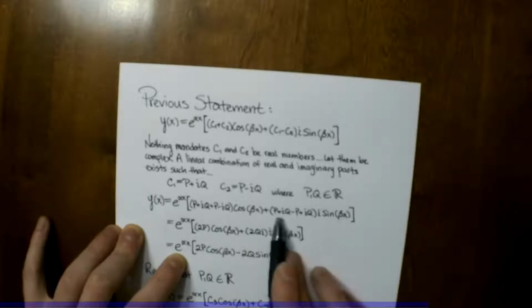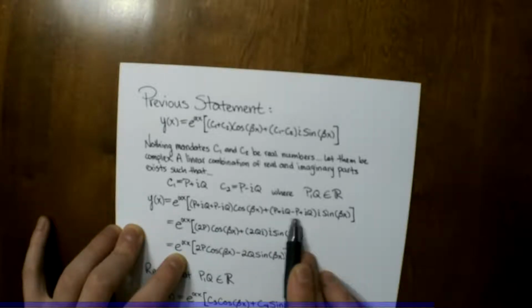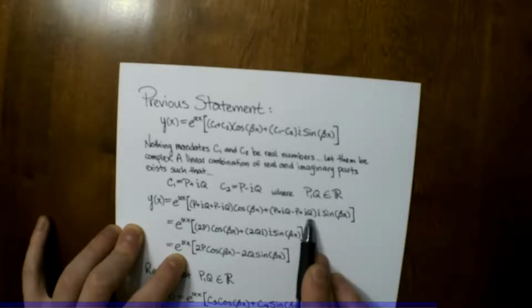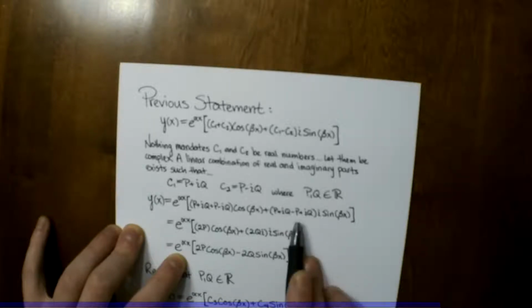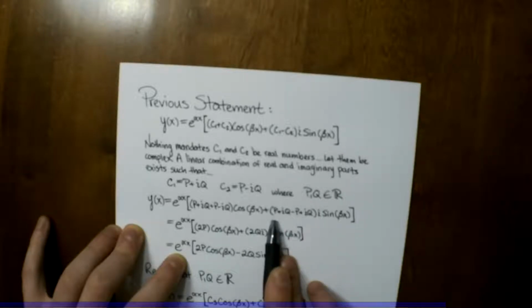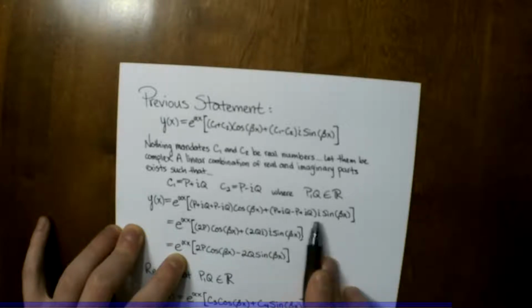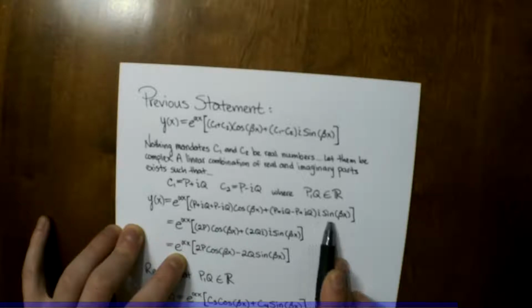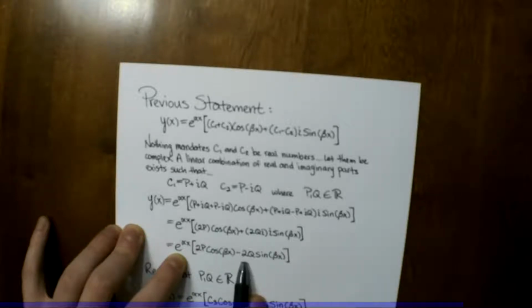Over here by the sine term, this is convenient because the P terms cancel, leaving us with only the IQ terms. This does leave us with an imaginary unit in this coefficient. However, we actually want that because that imaginary term will cancel with the imaginary term that's already in front of our sine term here, thus leaving us with simply a -1.